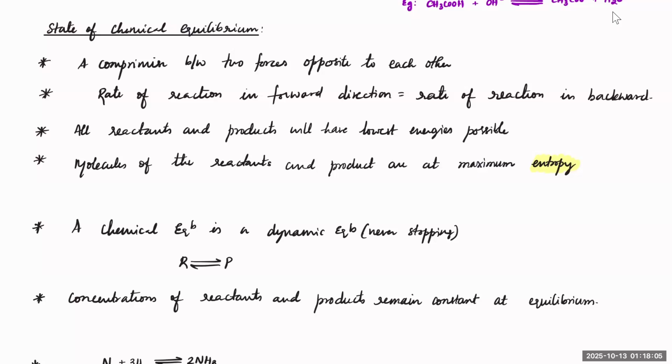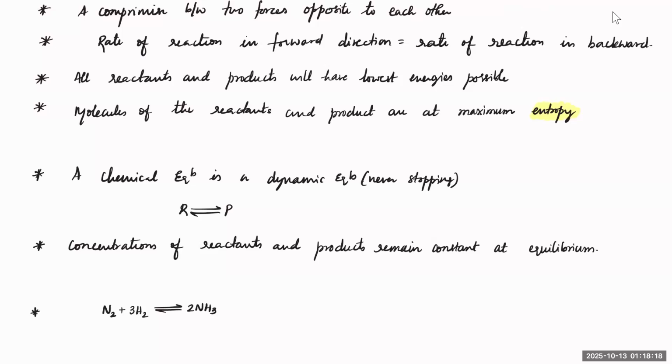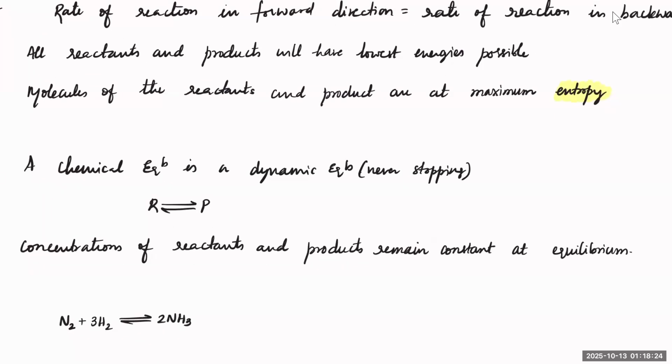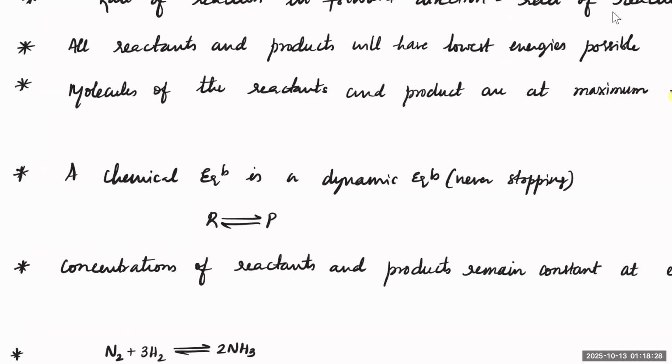And molecules of the reactants and products are at maximum entropy. Okay. Because entropy of the universe, right? This is something which we have learned in thermodynamics, but in case students are not clear with it, I'll help you with the basic definition again. Everybody look into it.